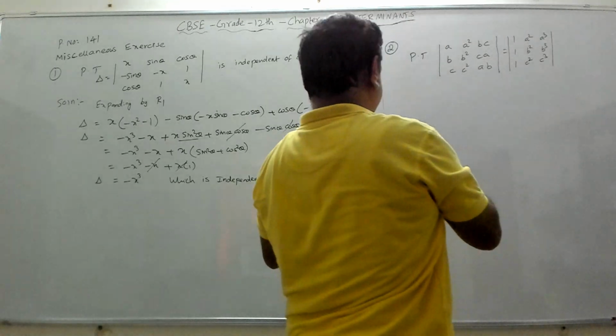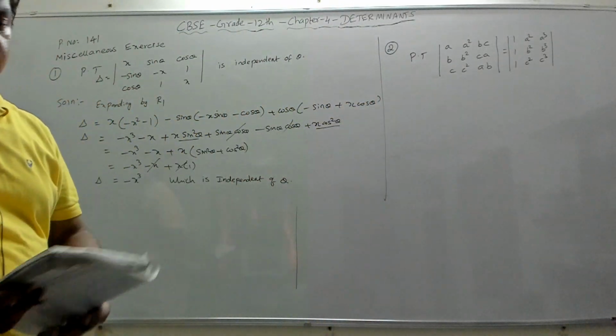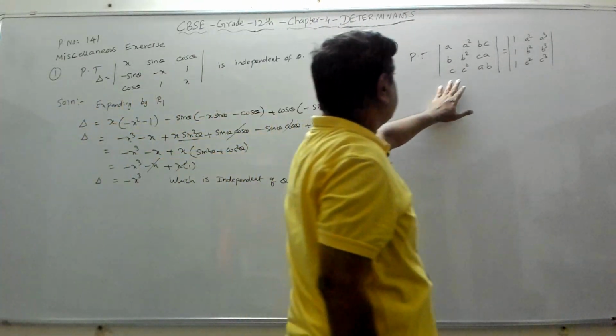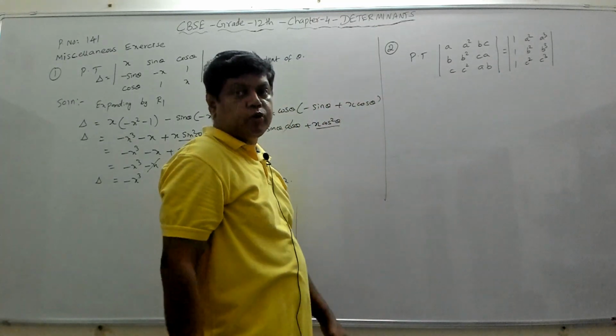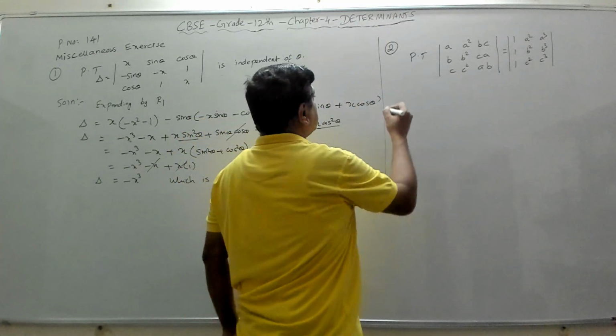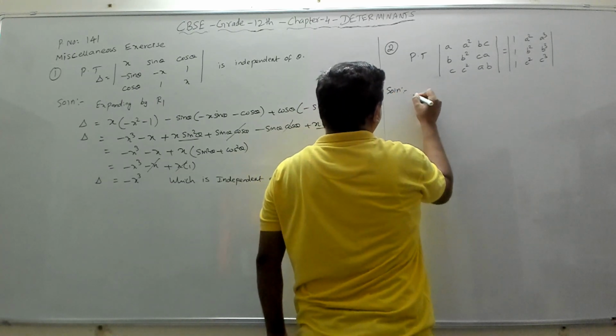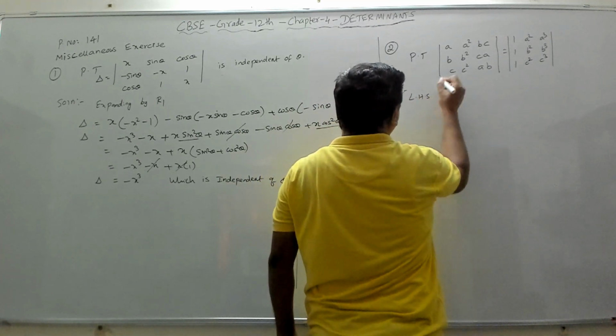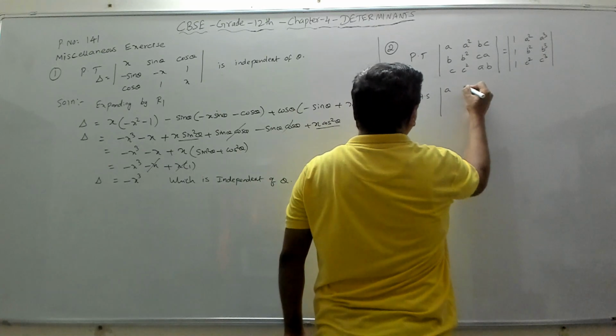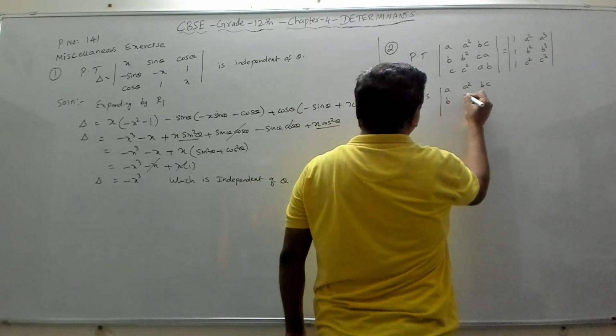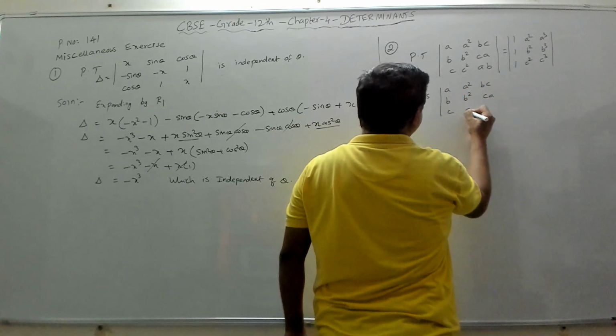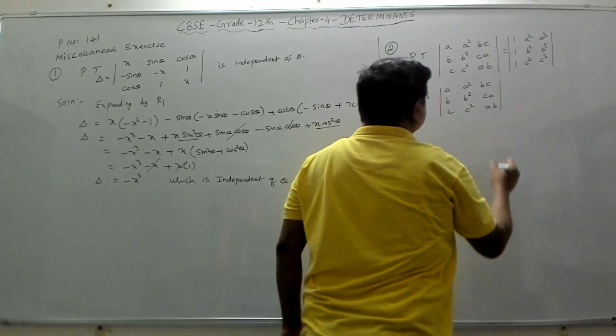So without expanding the determinant, we have to prove that this equals this. So the solution is, let's take our LHS, the left hand side, this determinant a square bc, b square ca, c square ab.